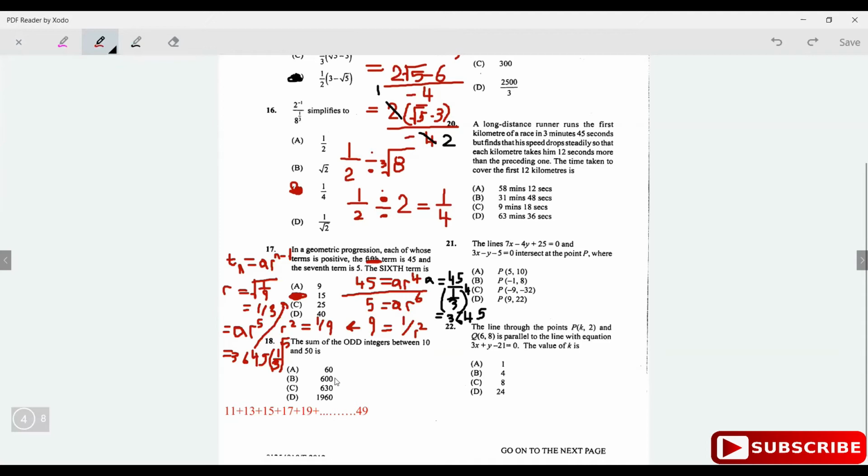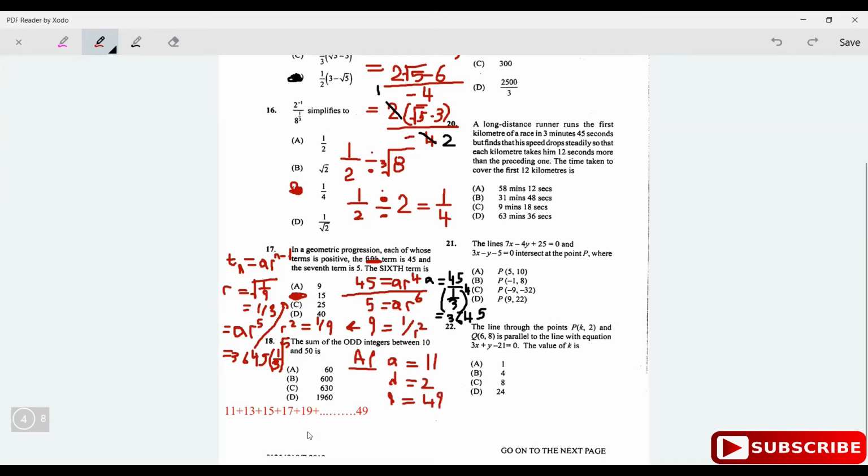Realize this is an arithmetic progression, an AP, with first term a equal 11, and it has a common difference d equal 2. And it has a last term of 49, l equal 49. So what does that mean?